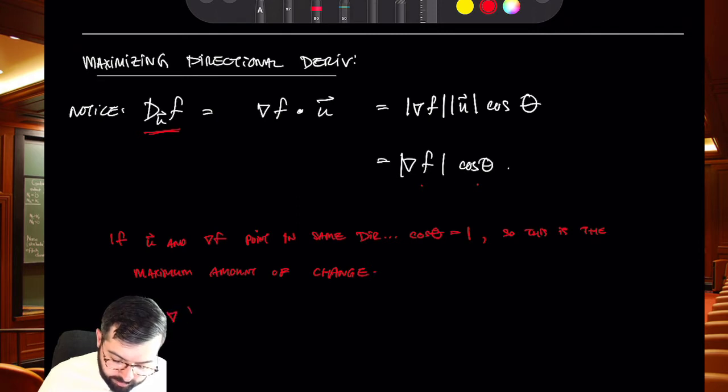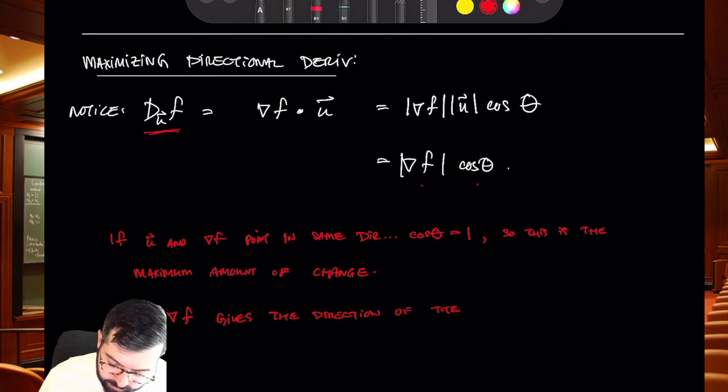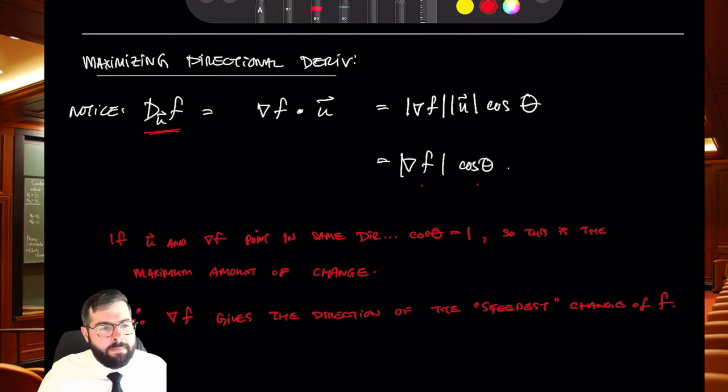So that tells us that the gradient of f gives the direction of the steepest change of f. That's kind of remarkable.